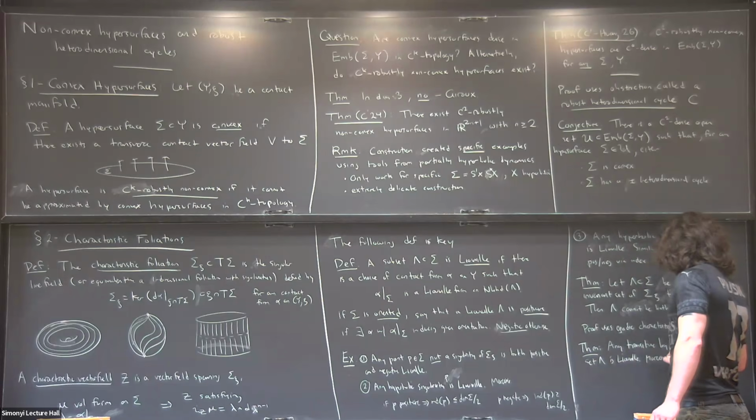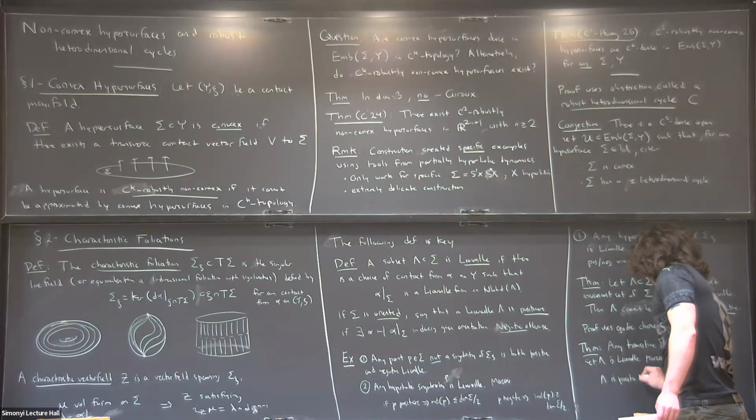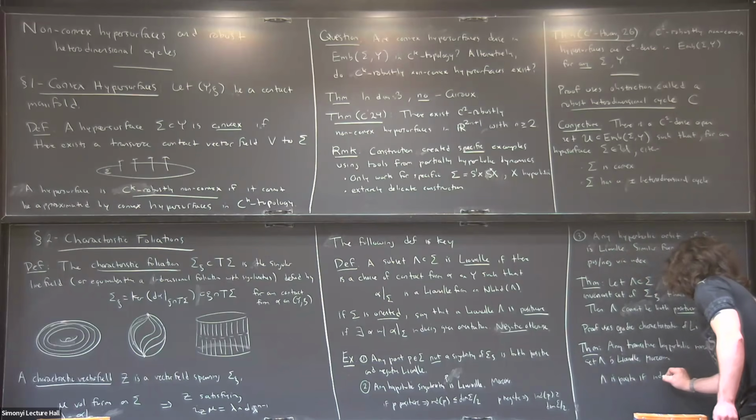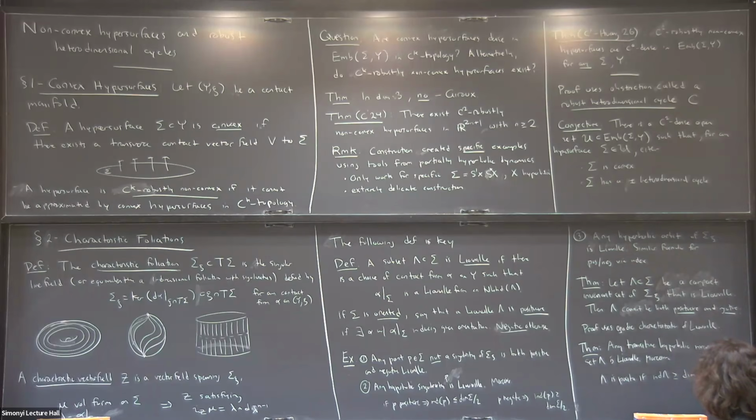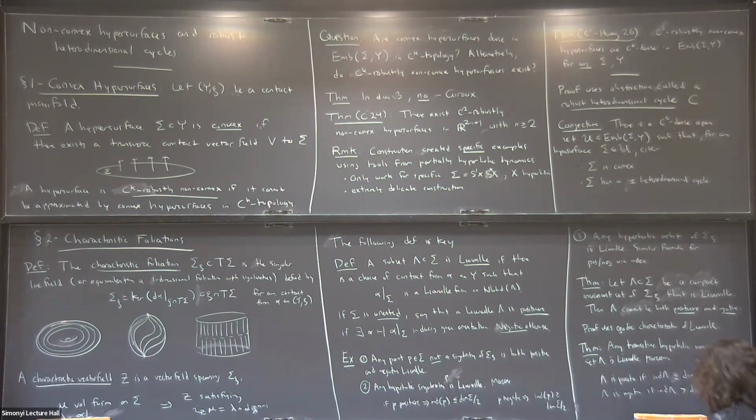Moreover, Lambda is positive if the index of Lambda is less than or equal to the dimension of Sigma over 2, and Lambda is negative if the index is greater than the dimension of Sigma over 2. So this is a generalization of the statement for the hyperbolic orbits.